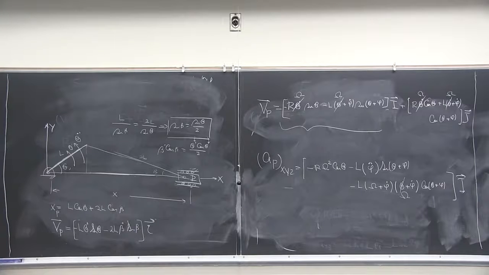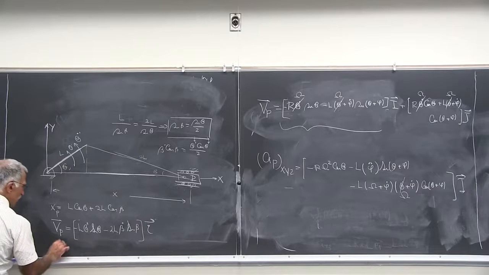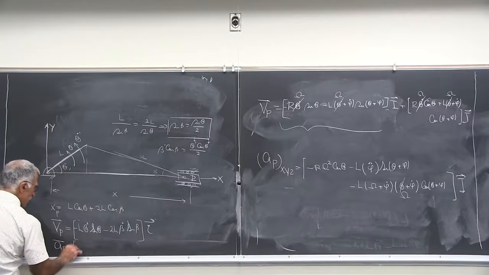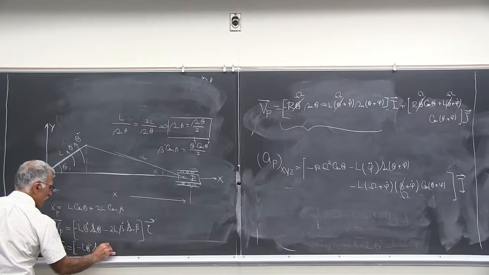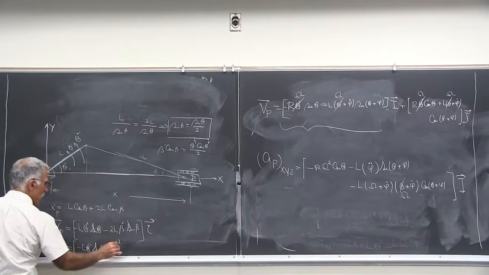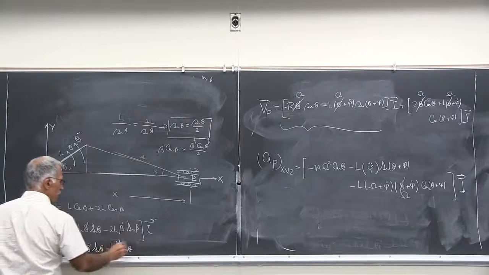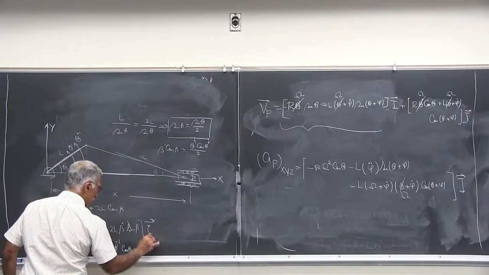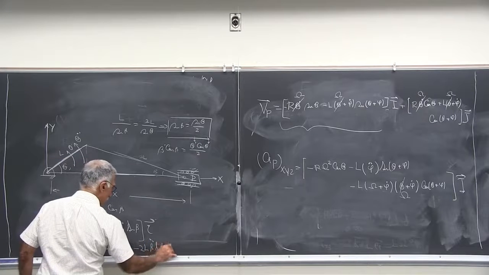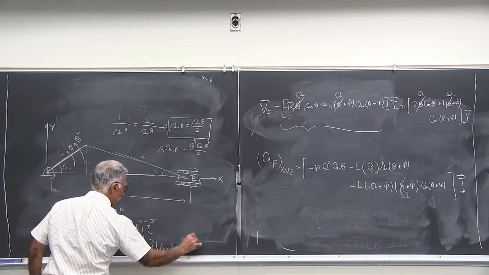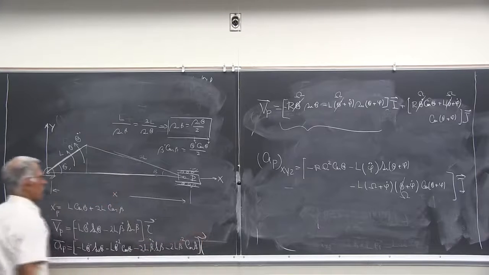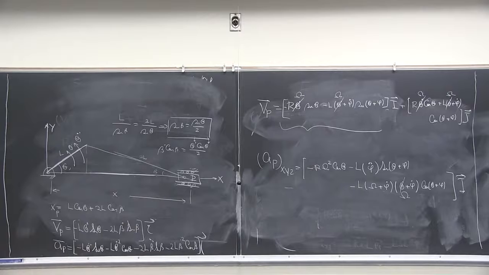If you want acceleration, you have to take one more time derivative of this expression, and that becomes the acceleration of point P is equal to minus L theta double dot sine theta minus L theta dot square cosine theta minus 2L beta double dot sine beta minus 2L beta dot square cosine beta, in the direction of capital I. So you can describe the position and find the acceleration.